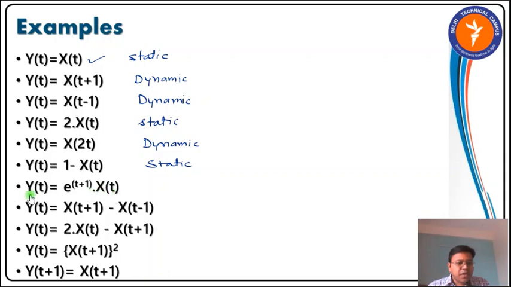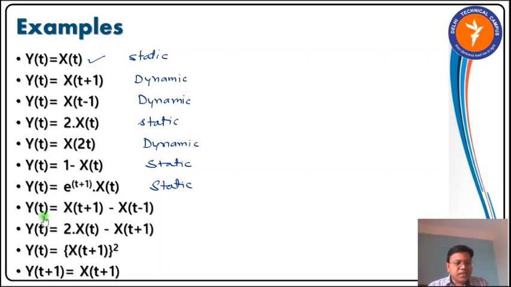Now see here, we have this output which is dependent upon this factor and x(t), that is, it is dependent on input as well as on a certain factor, but this factor will always yield a constant value irrespective of the value of t. We can see that the input is not scaled or shifted, so we'll say the system is static.